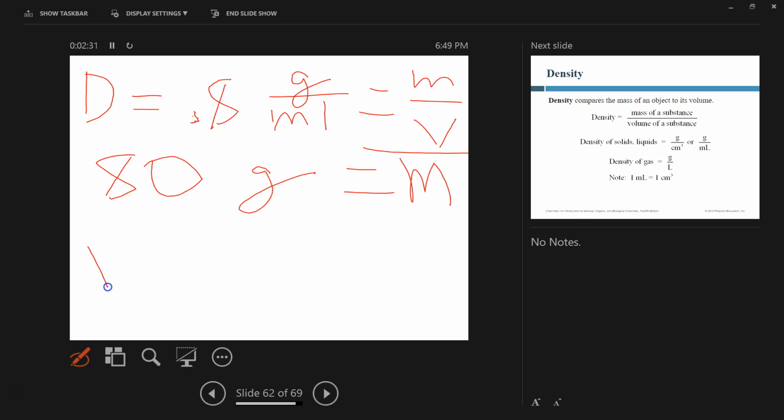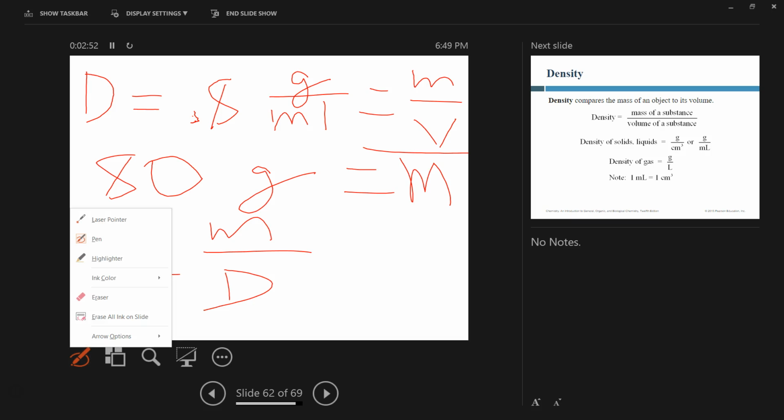Volume. Volume will equal mass over density. That's it. Does that make sense? If you can do that, good for you. It's going to be much faster, much more reasonable. If you prefer conversion factors, I don't see any problem with that.